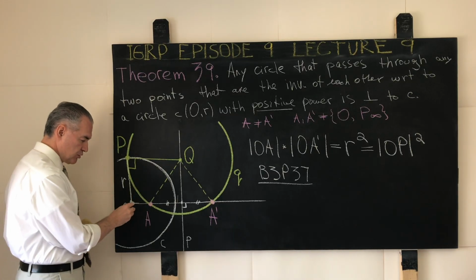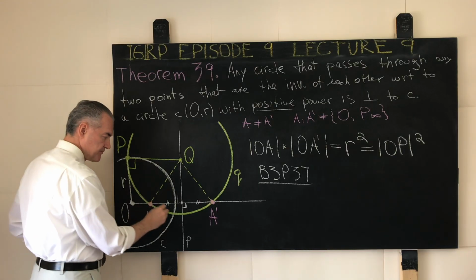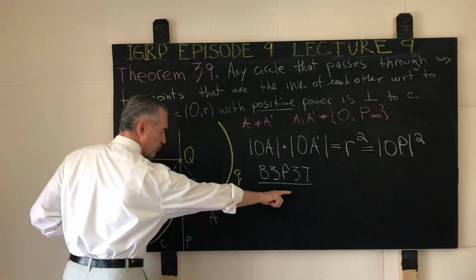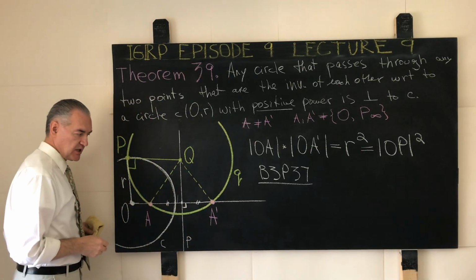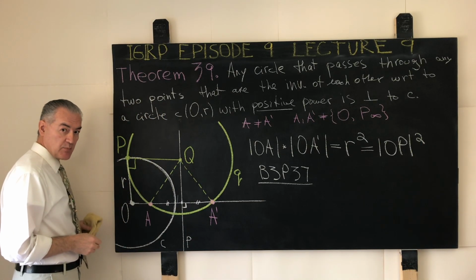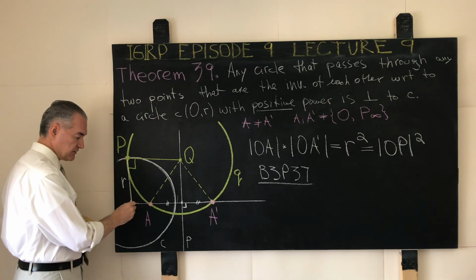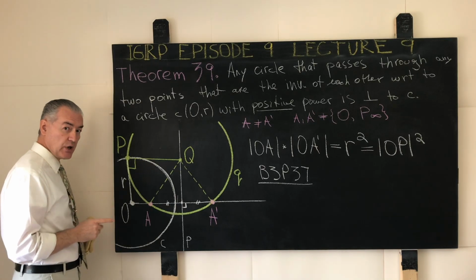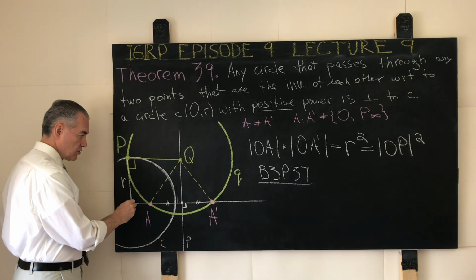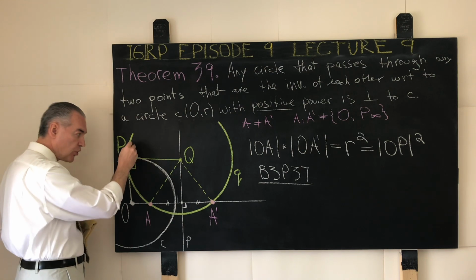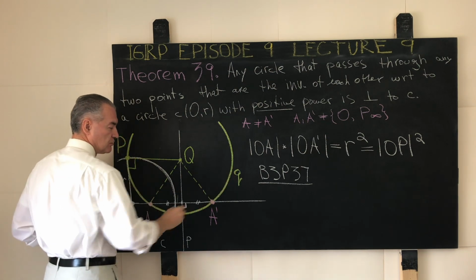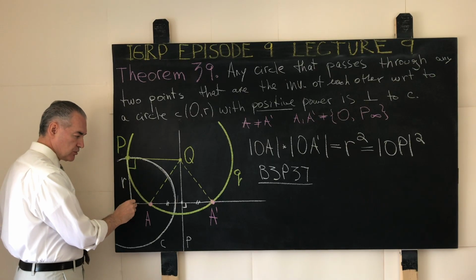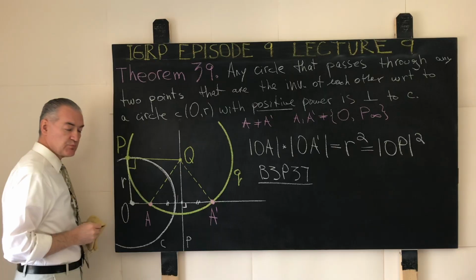In other words, to the points O, A prime, and P, we can apply precisely Book 3, Proposition 37, which claims that if the rectangle on the secant constructed to the circle Q is equal to the square of the straight line OP that, as Euclid puts it, falls on the circle Q, then that straight line, whose square is equal to the rectangle on the secant, is precisely what?